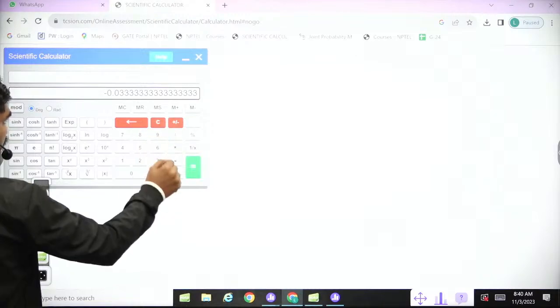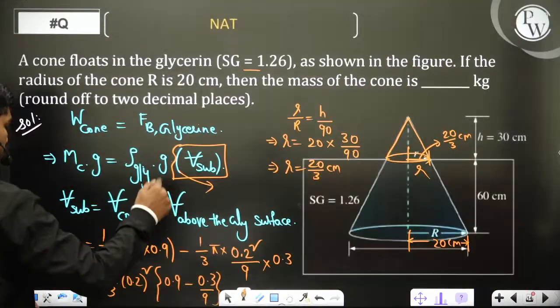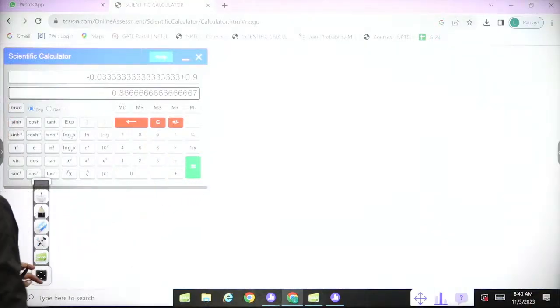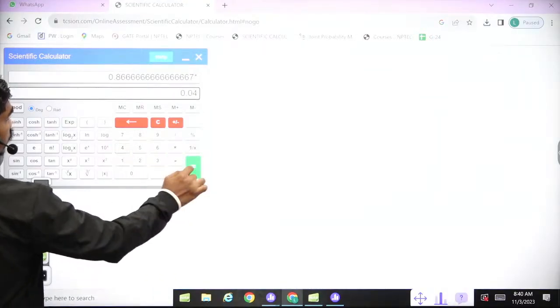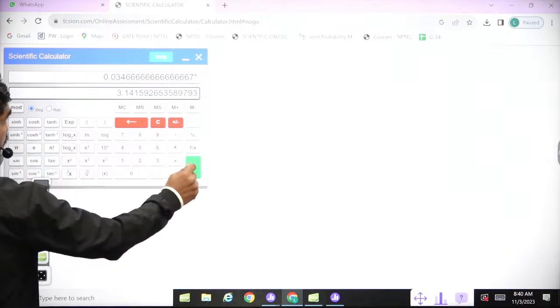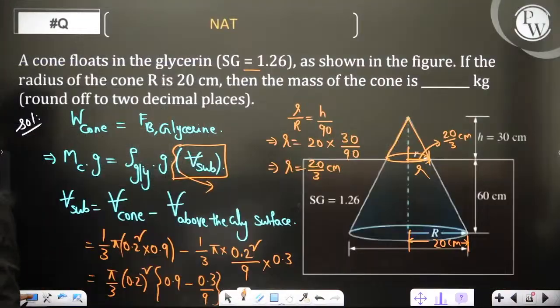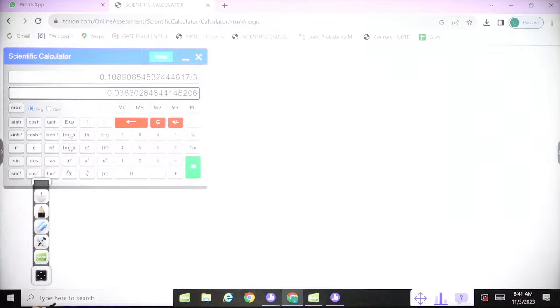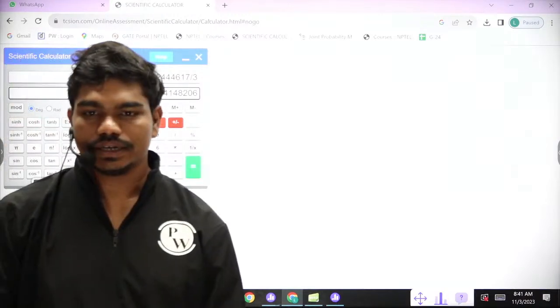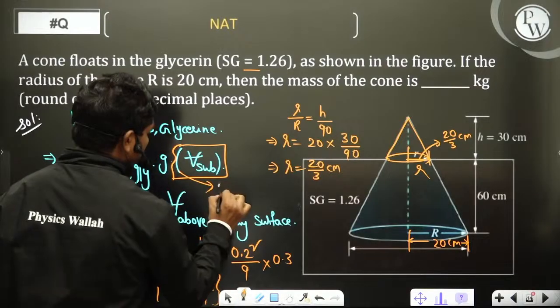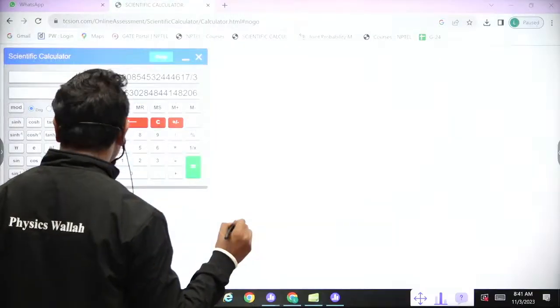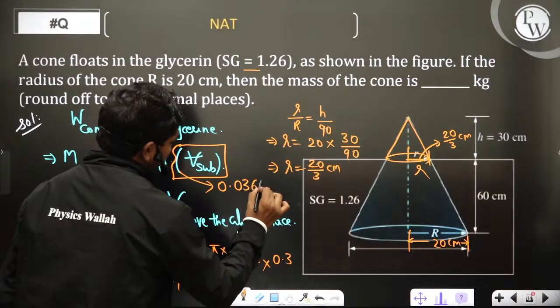Now subtract this from 0.9, multiply by 0.2 square, pi divided by 3. 0.0363 roughly. Okay, so this is the volume.